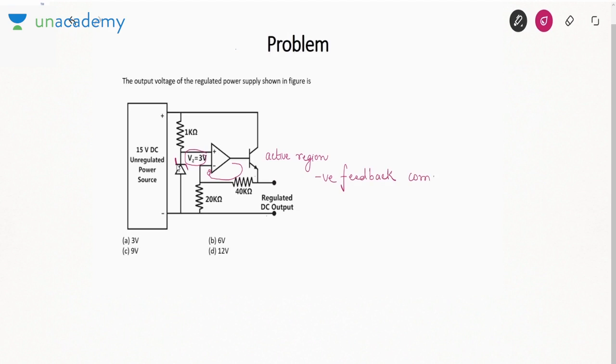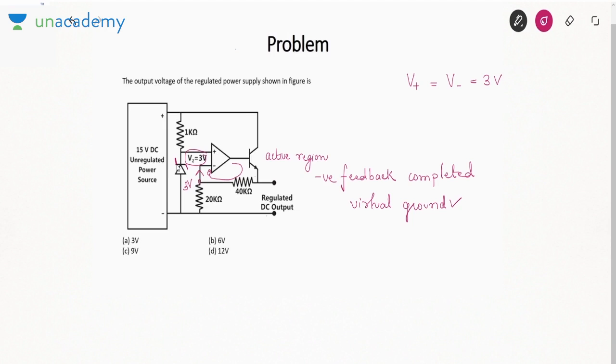If you have a complete path of negative feedback, then you can apply the concept of virtual ground. If I can apply the concept of virtual ground, the positive terminal voltage should be equal to the negative terminal voltage. It should be 3 volt. So now I know this voltage is 3 volt.